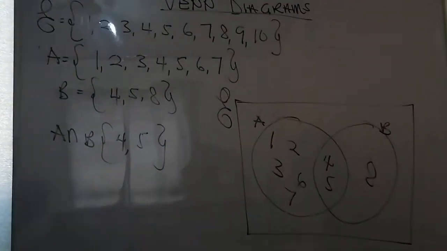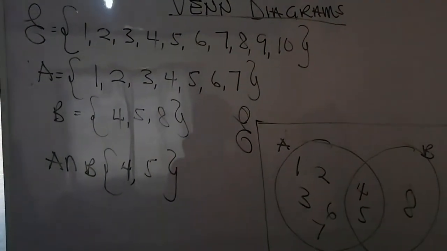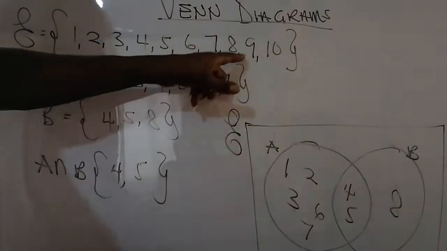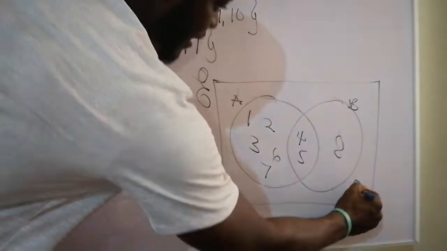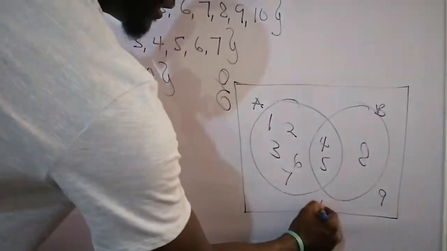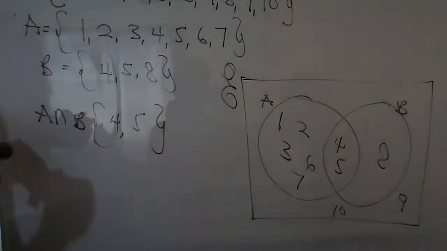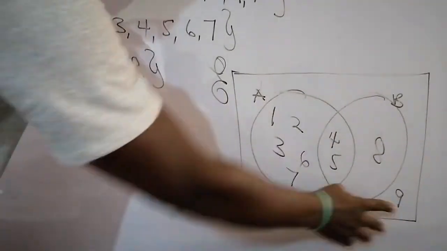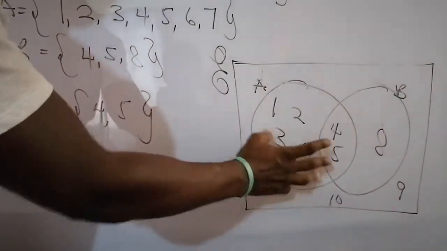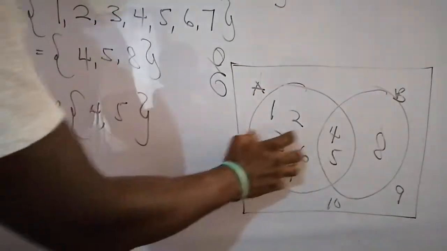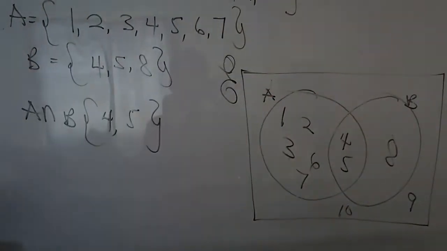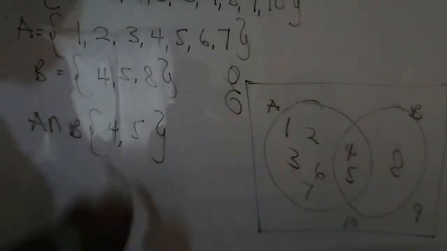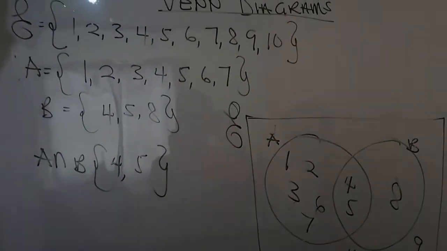Which numbers are there? There is 9, and then we also have 10. So these two numbers are part of the universal set, but they are not in set A, neither are they in set B. So this is how you represent sets using the Venn diagram, overlapping circles.